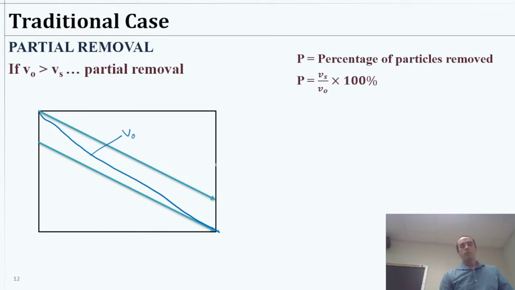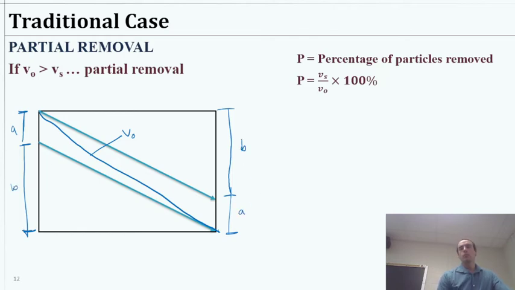I measured some distance here to here. If we call this A and this B, this would also be A and this would also be B, right? That was kind of the entire point there.